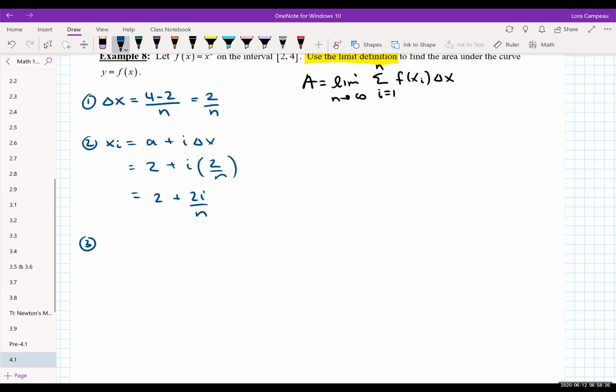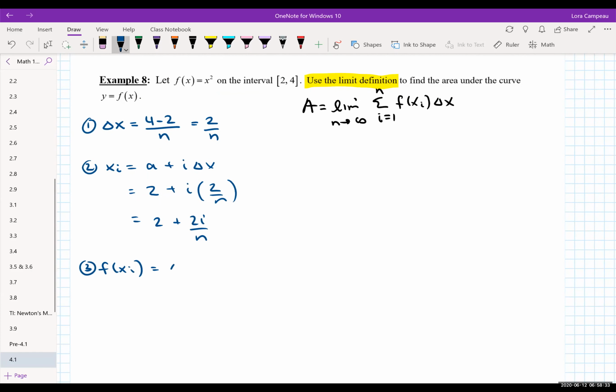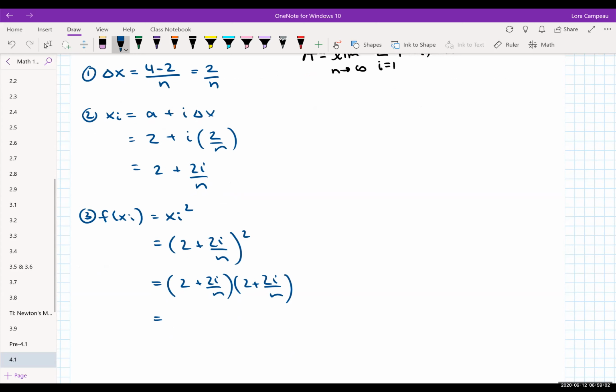Step 3. Calculate f of x sub i. Well, rewrite your function in terms of x sub i. So f of x is x squared, so we have x sub i squared. Well, who is x sub i? 2 plus 2i over n, but we're squaring it. Maybe it would be to your benefit to multiply this out. You might have a nice binomial formula you can use, but I'll just rewrite it twice. Saves me some errors.